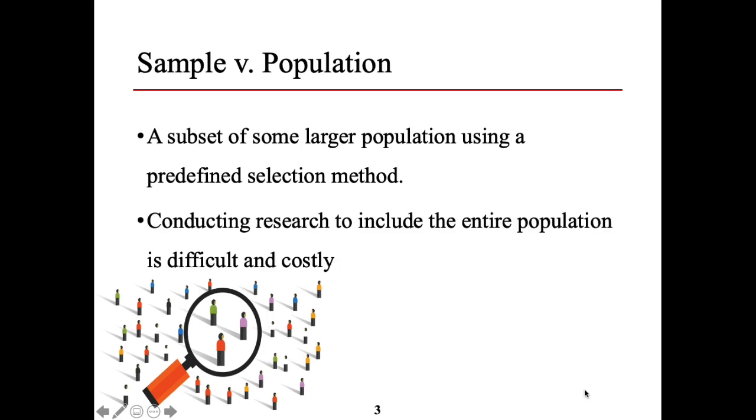Now, the reason we don't want to include the entire population in our research is because this is very difficult and costly to do. Costly both in terms of time and in money.